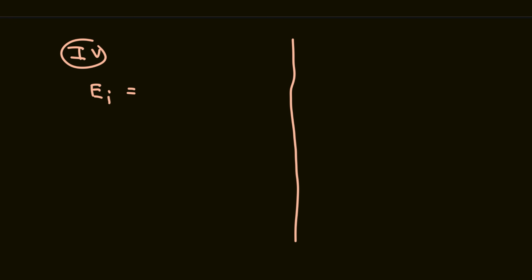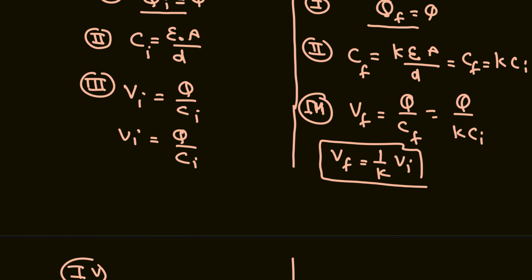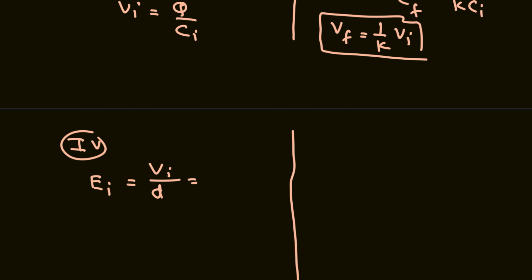Now the fourth property is the electric field. Initial electric field is V initial by D, where V initial is nothing but Q by C. This is the electric field initial.